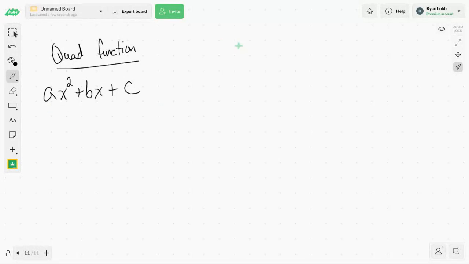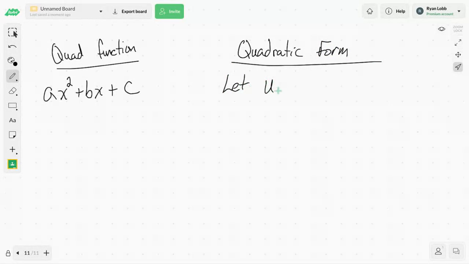Okay, now quadratic form is that we're going to say let u be a function of x. So that means u might be x, but u could also be some other function of x. It might be x squared. Maybe u is x plus 2, stuff like that.